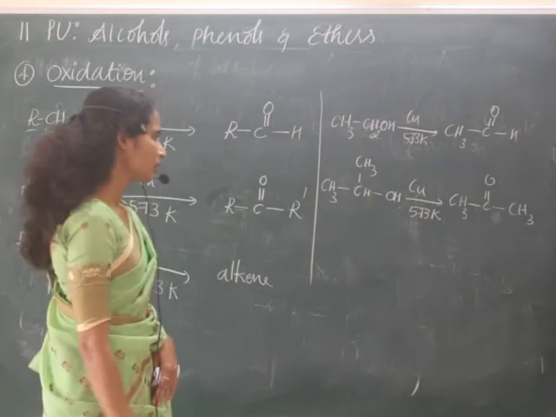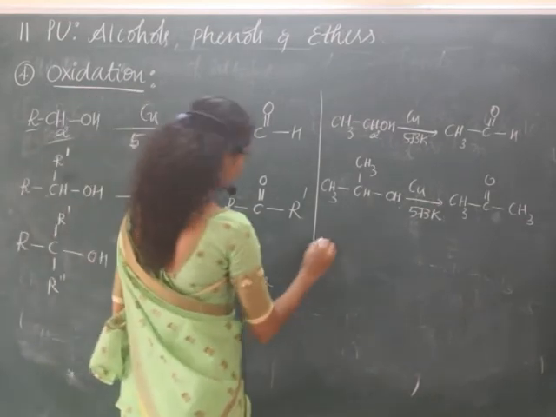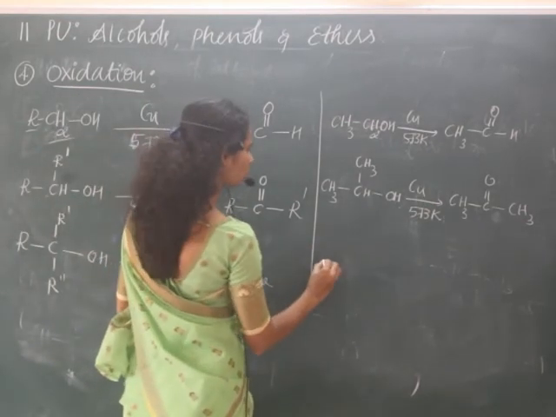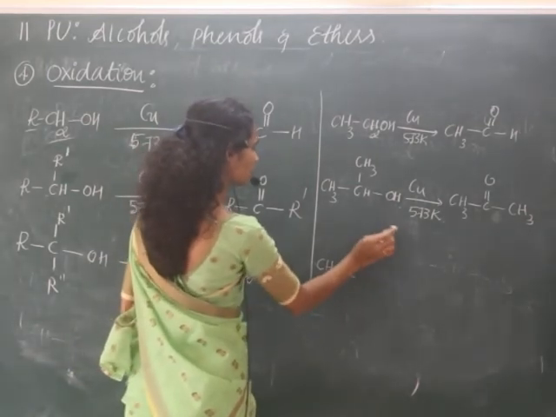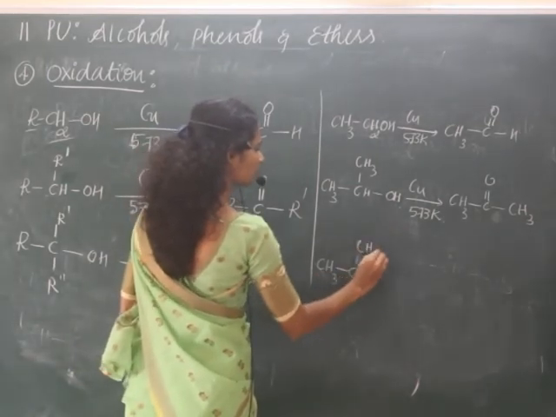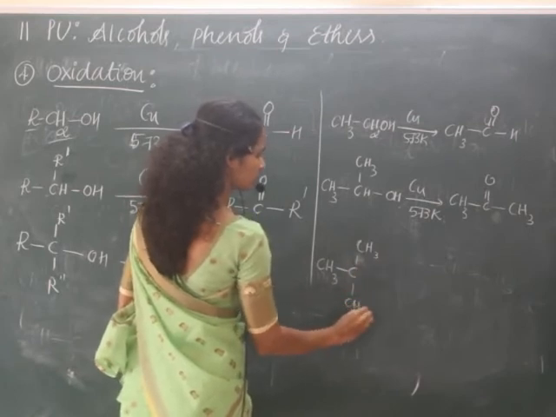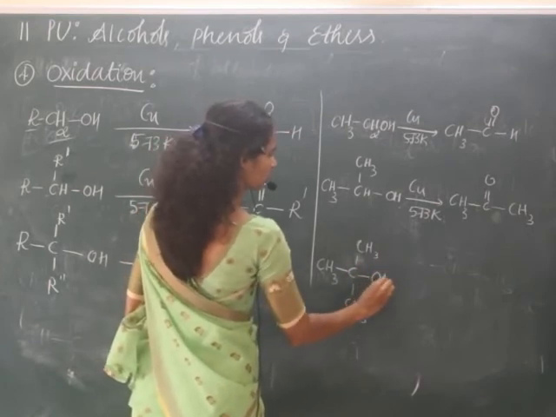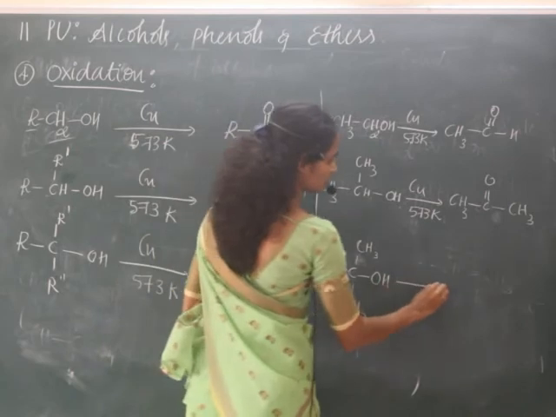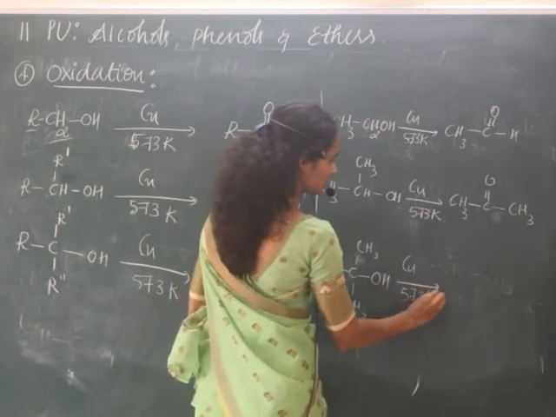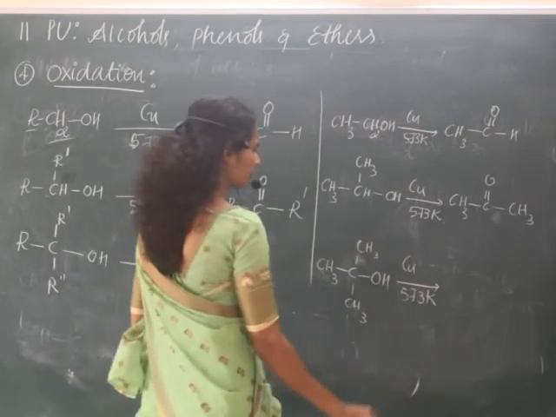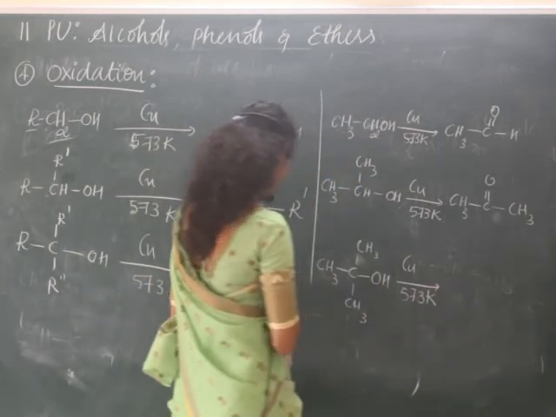We will get a ketone. Now, what about tertiary alcohol? CH3, CH3, OH in presence of copper at 573 Kelvin. We will get, as I said, alkene formation.